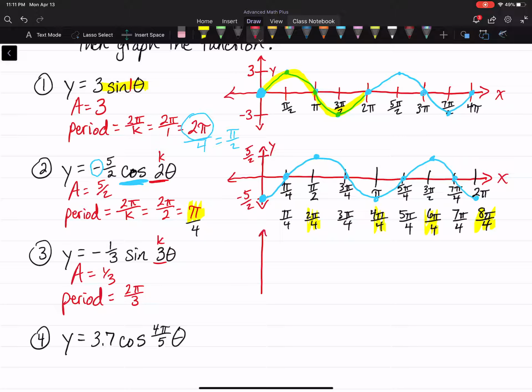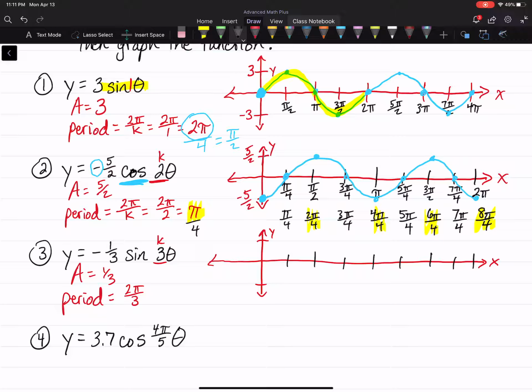There we go. So there's our x and y axes. Again, we're going to do 2 periods worth. So I'll break it up into 8 sections, and basically I just half it into 8 parts.